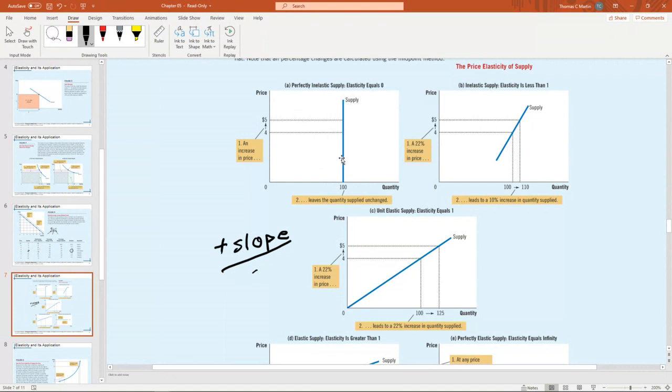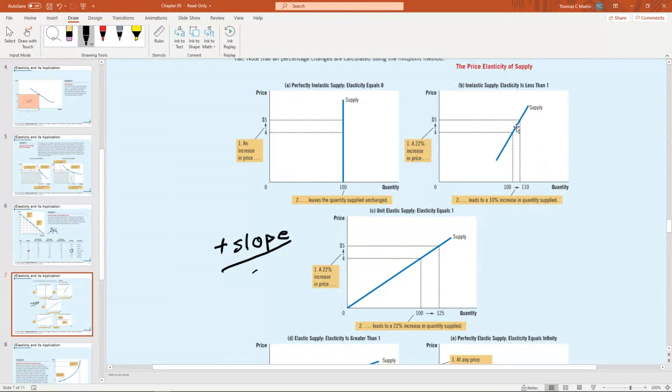Here we have an inelastic supply curve, and if there's a 22% change in price, we'll see a 10% change in quantity. So this curve is inelastic. All they're going to do, if they can, is push the price higher and higher.